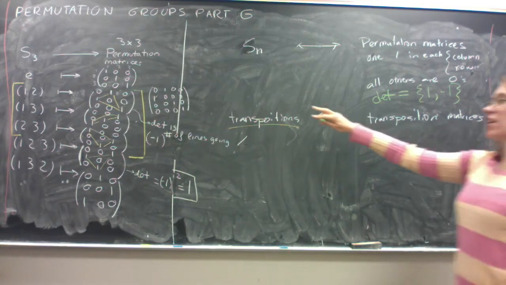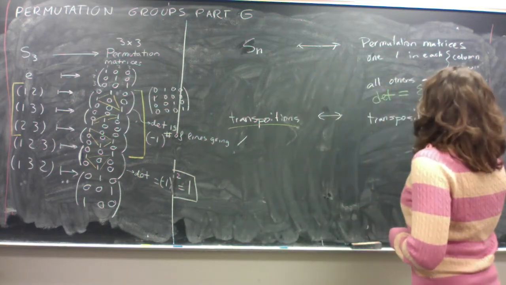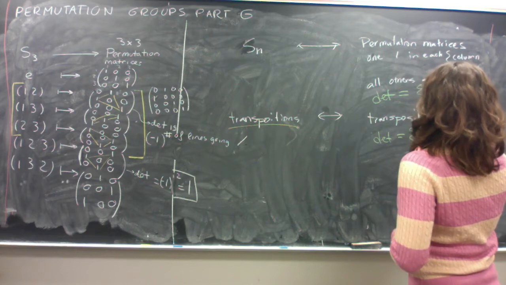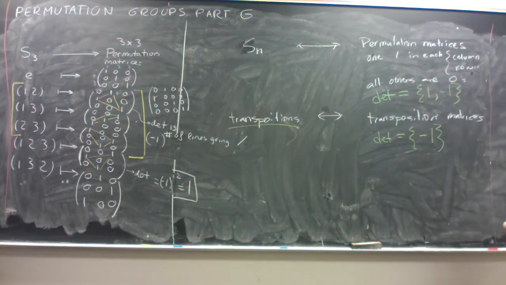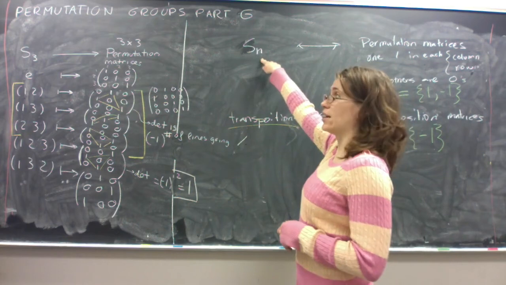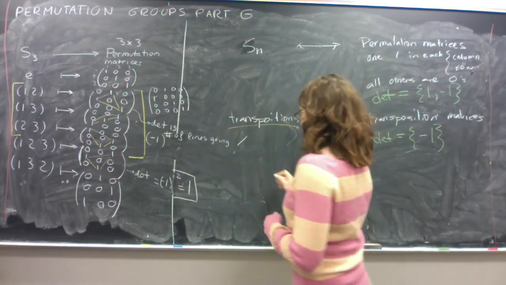But if we only interchange 2 entries, the determinant of a transposition matrix is always going to be -1. But we also know that every element of Sn can be written as a product of transpositions.